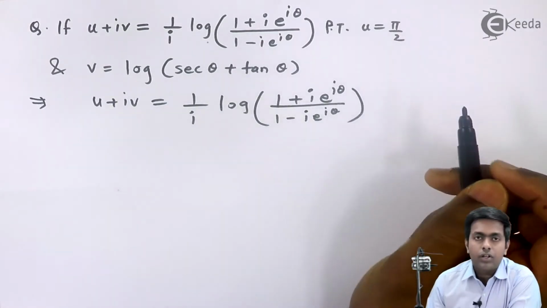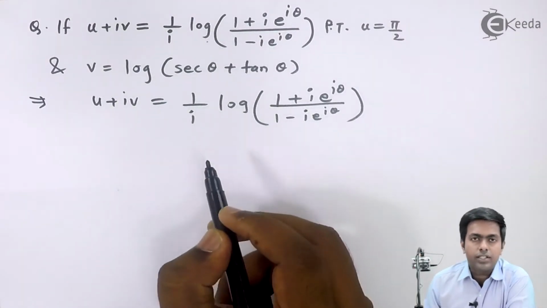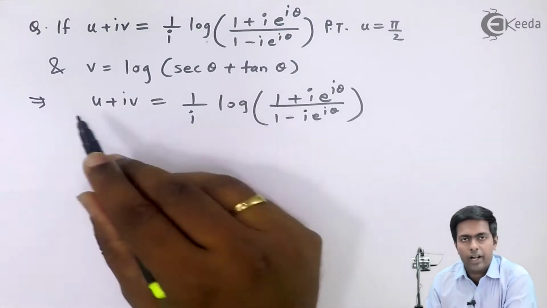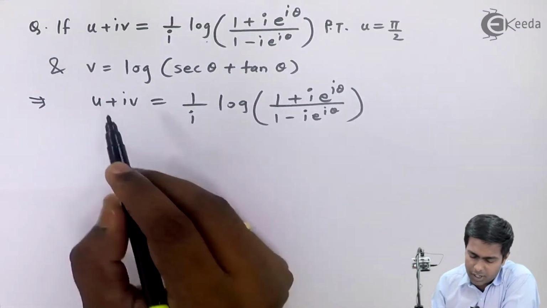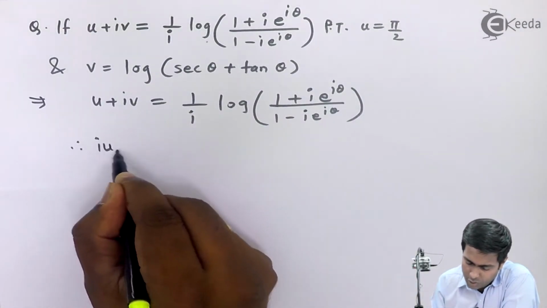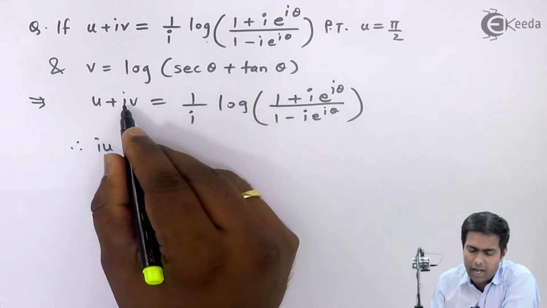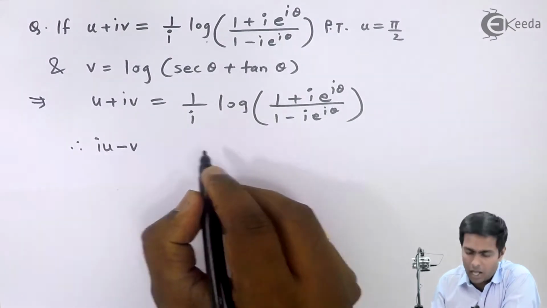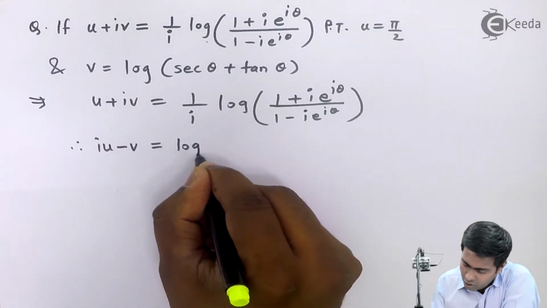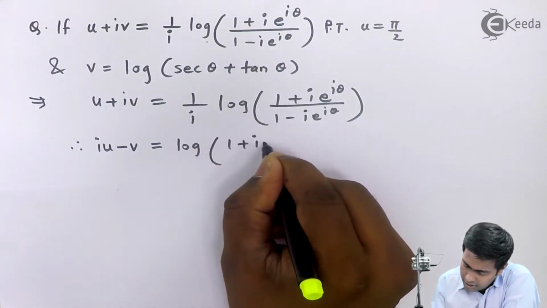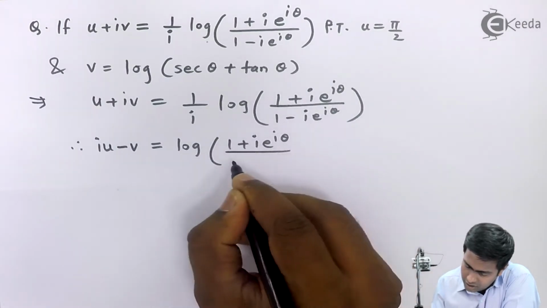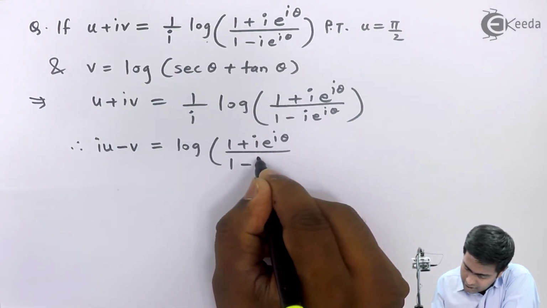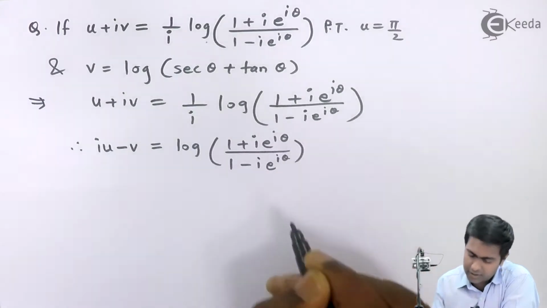Now I'll send this i to the left hand side, so this will become iu and this will become i square v, that is nothing but minus v, and on the right hand side we'll get log of (1 plus i e raised to i theta) upon (1 minus i e raised to i theta).